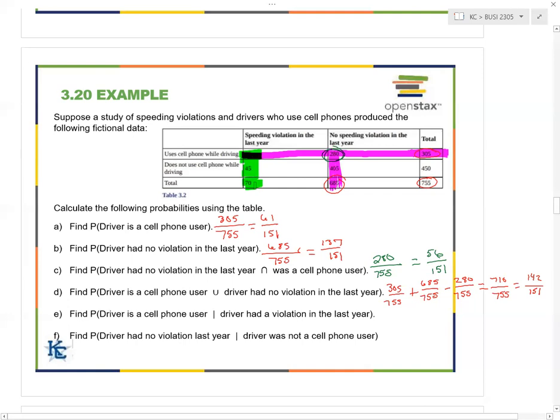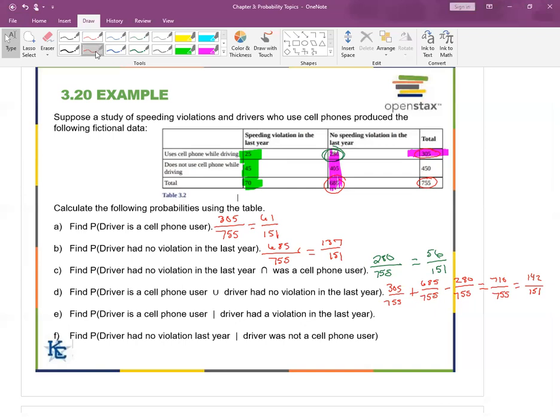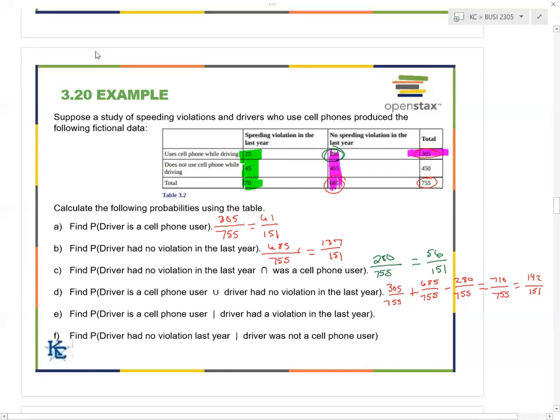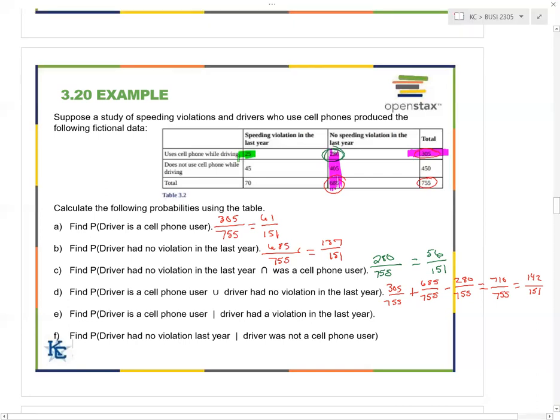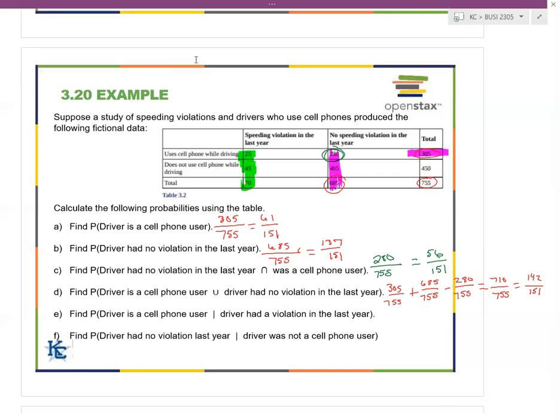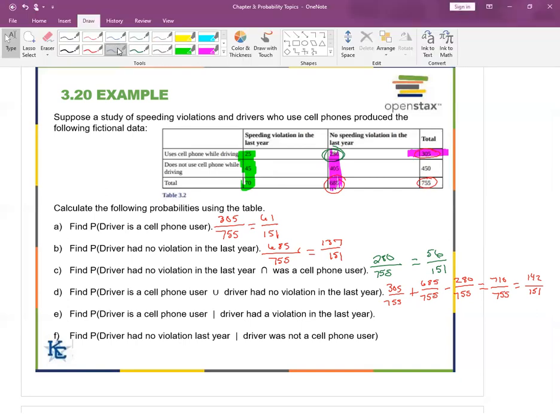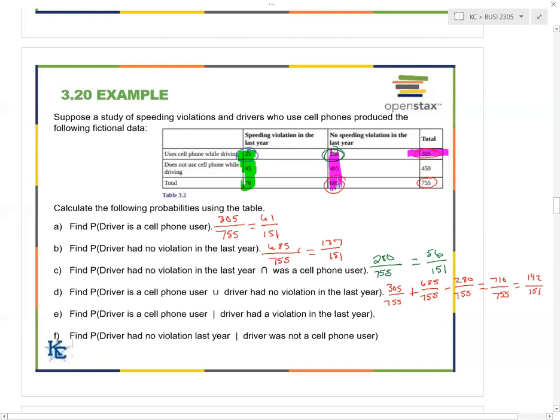So we're only looking here in green. The cell phone user is 25 out of 70 now, because we already knew that they did have a violation.